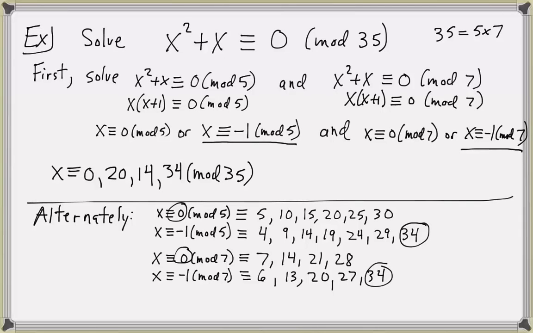We see that 20 is a residue that's 0 mod 5 and also negative 1 mod 7. And then the last one we see is 14. 14 is negative 1 mod 5 and 0 mod 7. So we get the same solutions. And so if you just list out all of the residues, mod 5 and mod 7, that are possible solutions, you have to look for solutions that are on the list for mod 5 and mod 7.